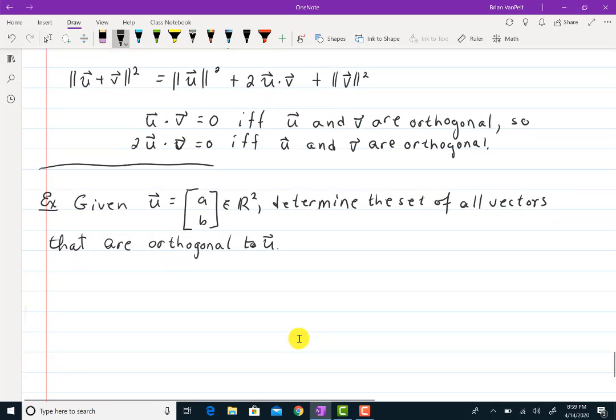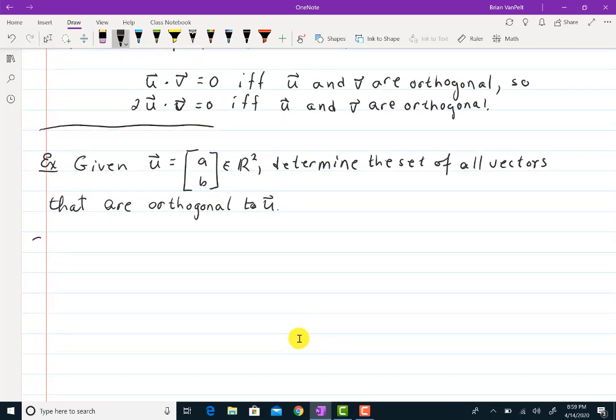So what do they all look like? Well, let's take a look. We're looking for all those vectors whose dot product with (a, b) is equal to 0.